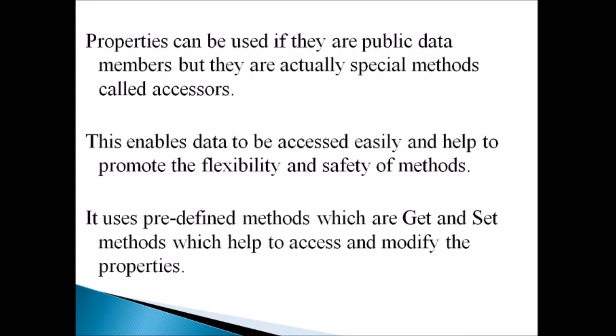To achieve this, it uses some predefined methods which are the get and set methods. These are the two methods which are used to access the data members easily, and these methods help to access and modify the properties. So these methods are called predefined methods. Predefined methods means they are defined already, they have the source code of what should be done. We can just use the method.